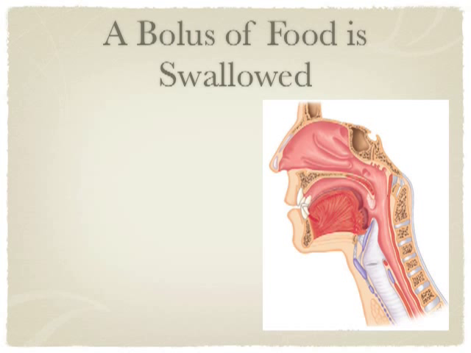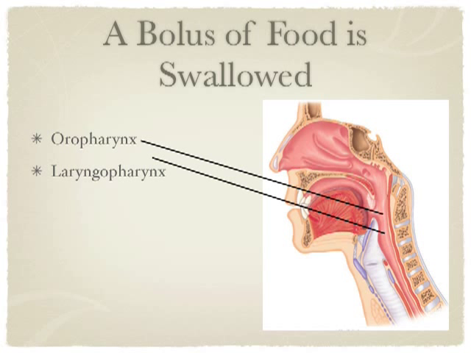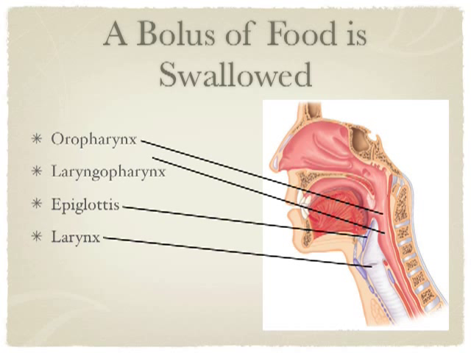So the bolus of food is then swallowed, and of course you remember some of these parts: the oropharynx behind the mouth, the laryngopharynx down near the opening to the breathing tubes, the epiglottis, which covers the larynx and prevents food from entering there, and then of course the esophagus, which carries the food down to the stomach.